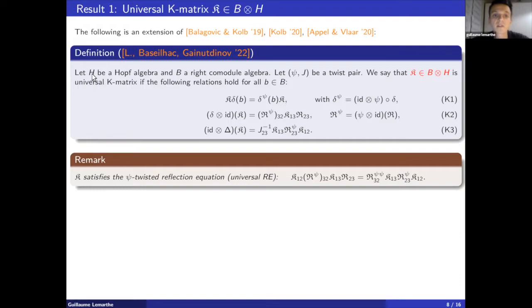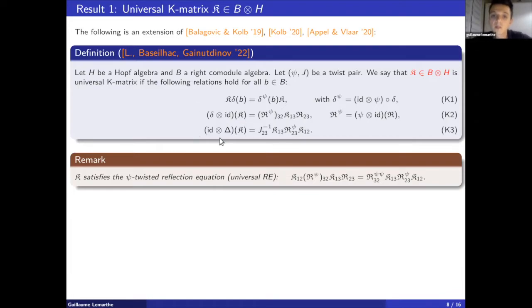Okay, so now we have everything to define the universal K matrix. So for H a Hopf algebra, B a right comodule algebra, and psi J a twist pair, we say that K in B times H is a universal K matrix if these three axioms are satisfied. The first one is similar to the universal R matrix: K delta B equal delta psi B K. Here, delta psi is some twisted coaction.